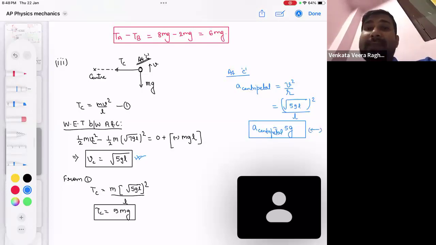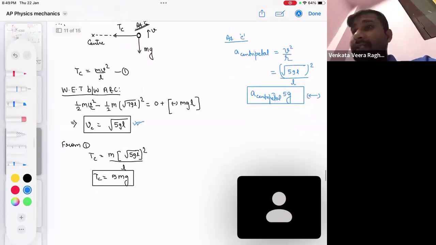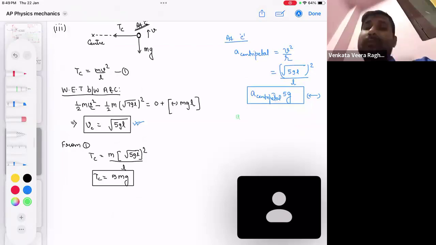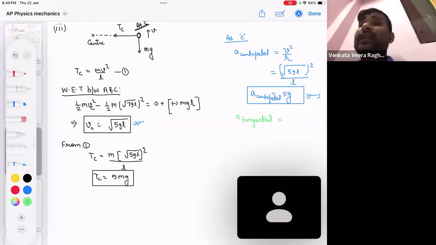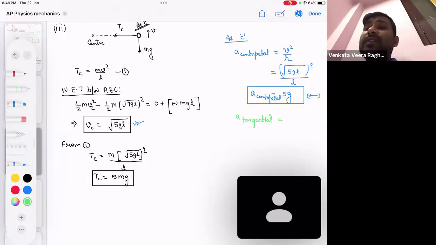What is the tangential acceleration? Looking at the diagram, is there any force in the tangent direction? Tangential acceleration will come with the help of tangential force. It's mg, isn't it?